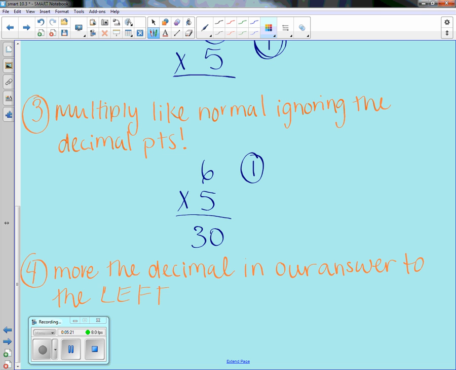I'm going to bold left because it's important to know which way to move it. So we're going to move it to the left, however much, whatever number is circled. So we're going to move the decimal in our answer to the left, whatever our circle is.